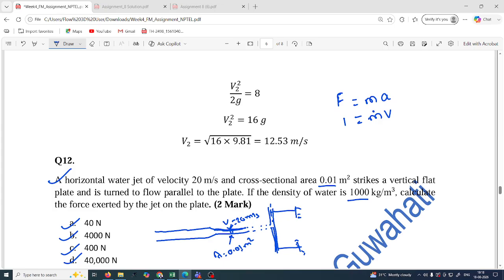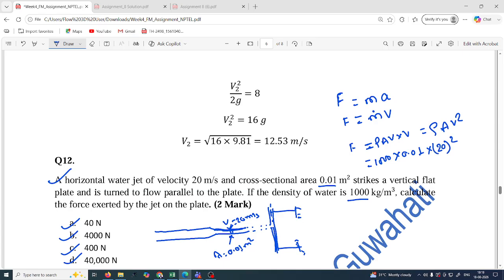So force is m dot into v. What is m dot? Rho a v, and another v is given, so rho a v square. Now rho is 1000, a is already given in the question, 0.01, and v is 20, so v square.